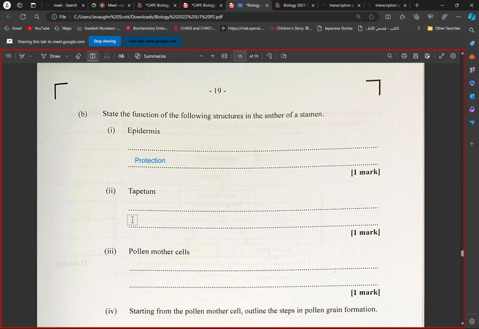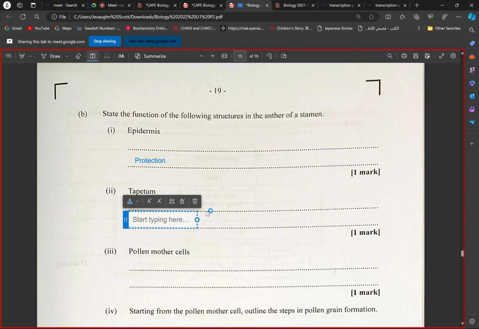But epidermis there. What's the function of the tapetum? Sir, is it that it nourishes the pollen mother cell? Mm. The microsporangium. It provides nutrients, hormones, and other stuff for the mother cells.